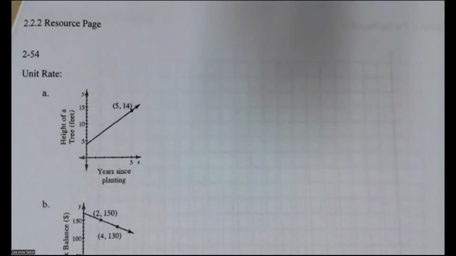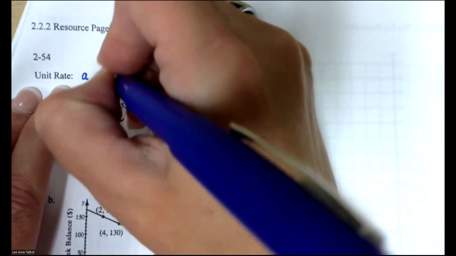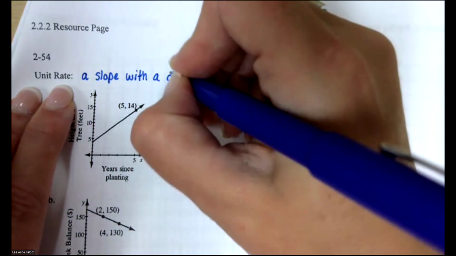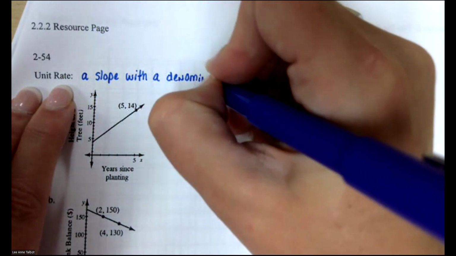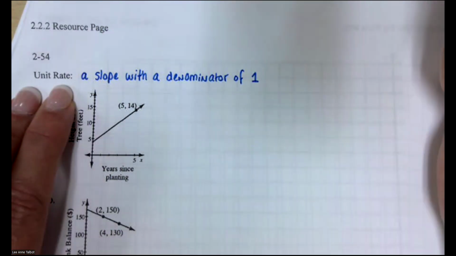Okay, now we're going to start working with the words unit rate. And unit rate is just slope. So unit rate is a slope with a denominator of 1.